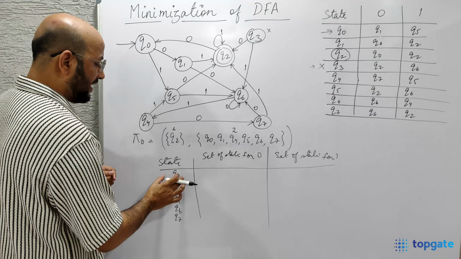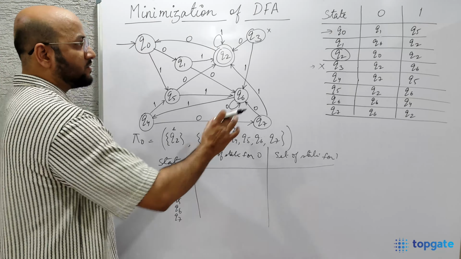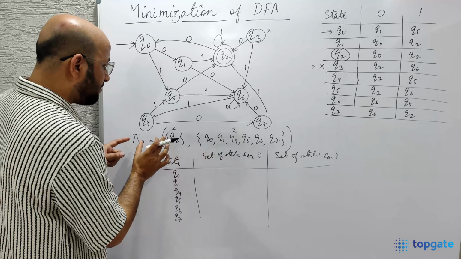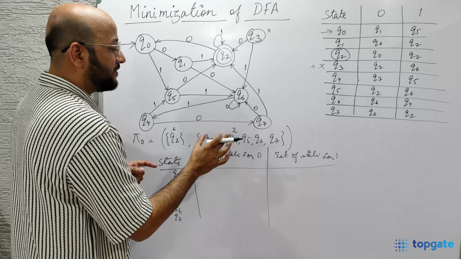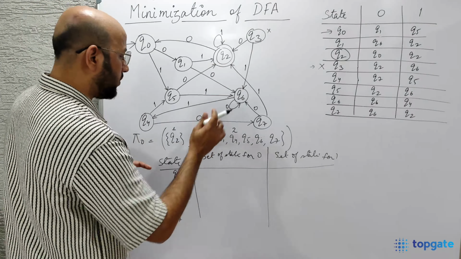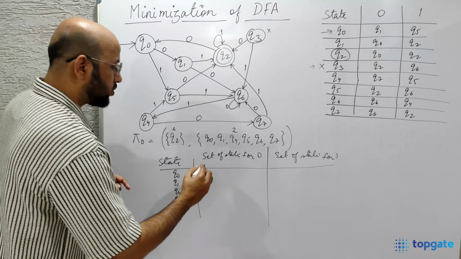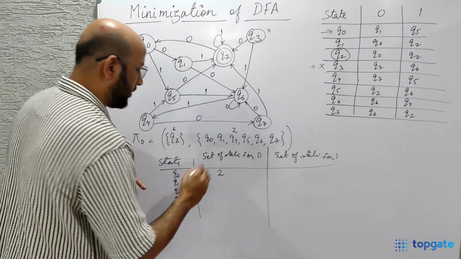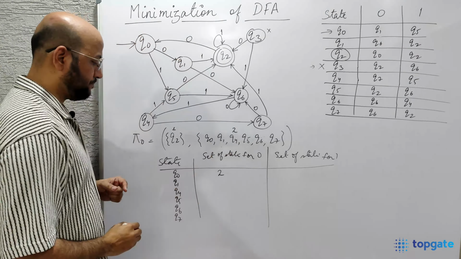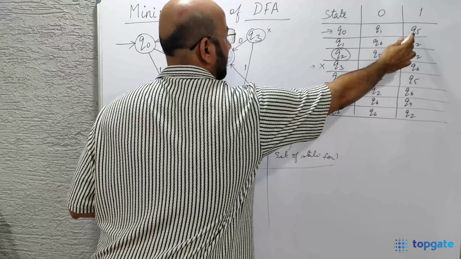Now for Q0, take this Q0 from here and come to the main table. For Q0, for input alphabet 0, I have Q1. Now this Q1, I'll see in pi 0 in which set it is appearing. Q1 appears in set number 2. Clear? So I will write set number 2 here. Again, for Q0, input alphabet 1, I'm getting Q5.